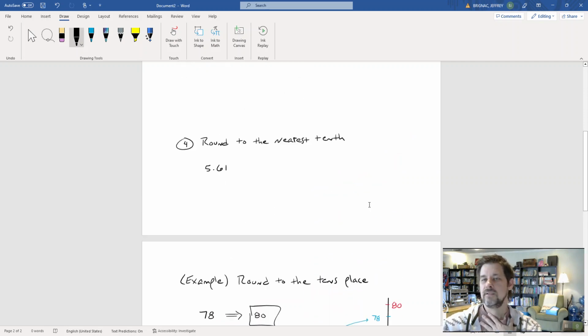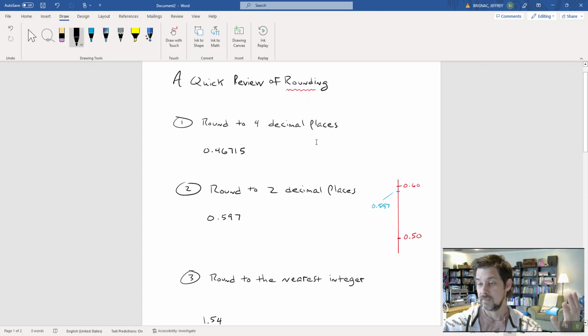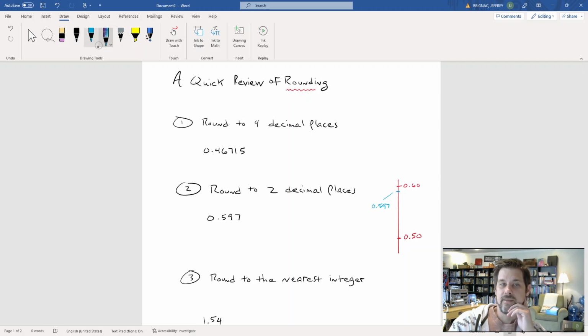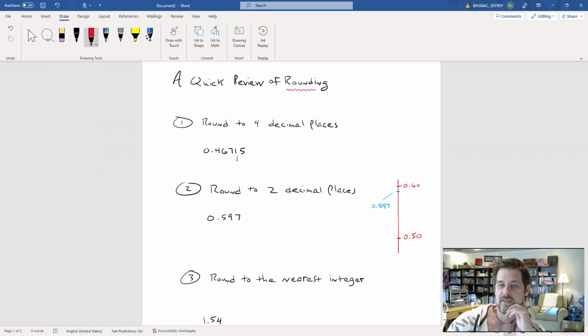Okay, so let's look at some examples, and I'll talk about these a little more procedurally, without thinking about it philosophically. So say you want to round this number to 4 decimal places. I see 1, 2, 3, 4. Rounding it to 4 decimal places would be rounding it to that one.